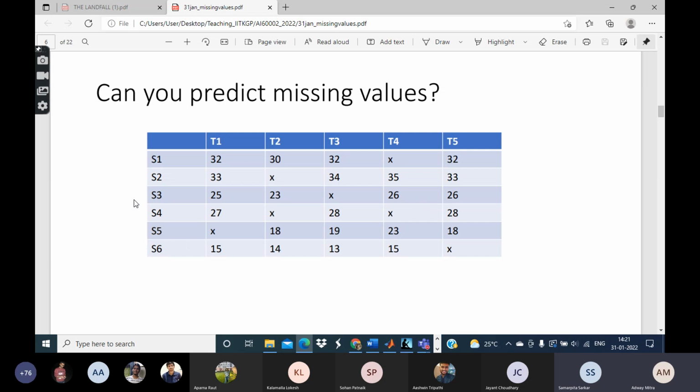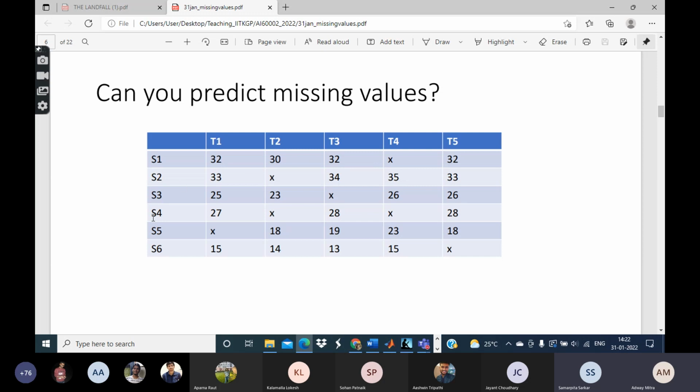So we can roughly say that there are 3 clusters of locations: S1, S2 is one cluster, S3, S4 is another cluster, S5, S6 is a third cluster. For both S1 and S2, the mean reading seems to be around 30, 31 or something like that. In case of S2 also, the mean reading seems to be around 32.